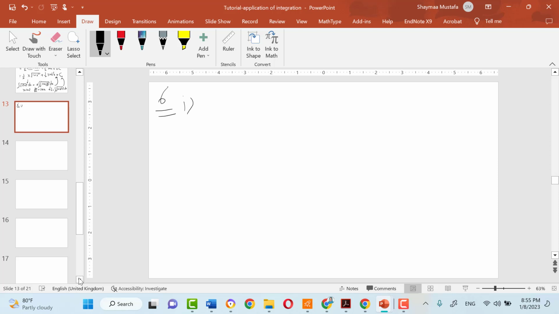So to show that it is symmetrical around the x-axis, you need to replace y by minus y. You change every y by minus y. Then if you prove that you have the same formula, then it is symmetric around x. And also to show that it is symmetric around y, you need to change x by minus x.